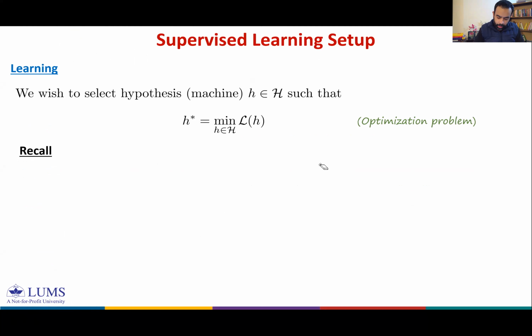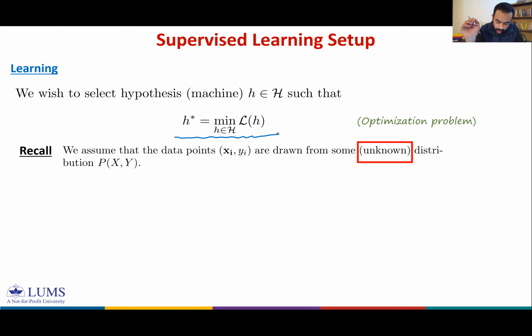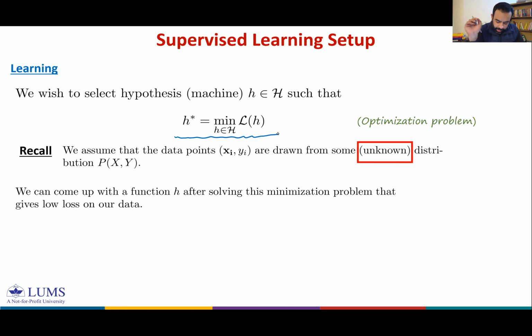Okay. So this is the optimization problem we have. Now recall, we assume that data points are drawn from some unknown distribution p of xy. We can come up with a function h after solving this minimization problem that gives low loss on our data.